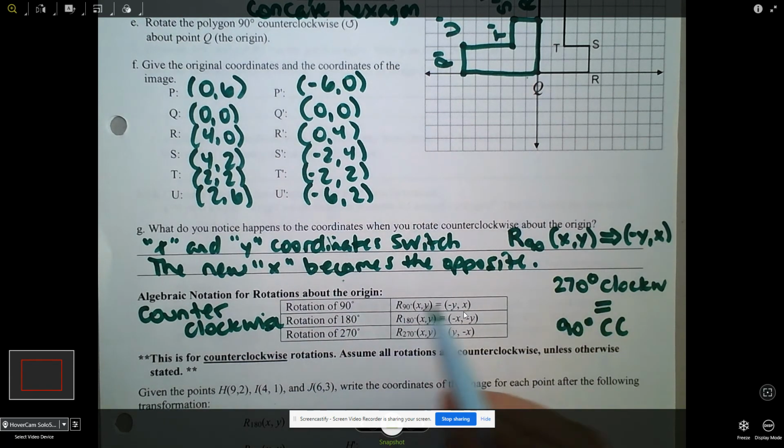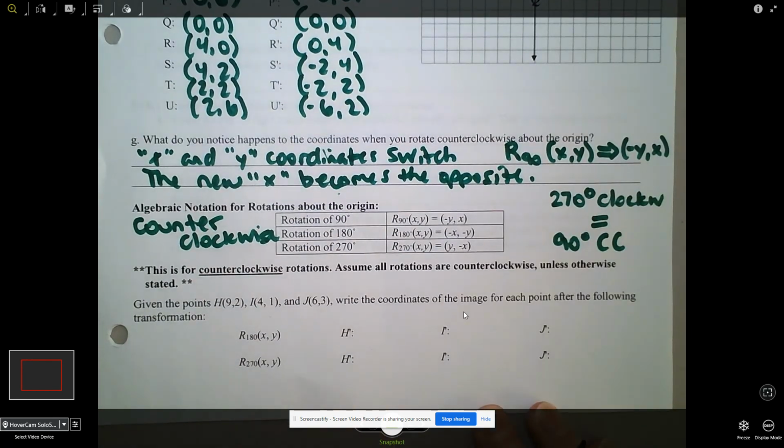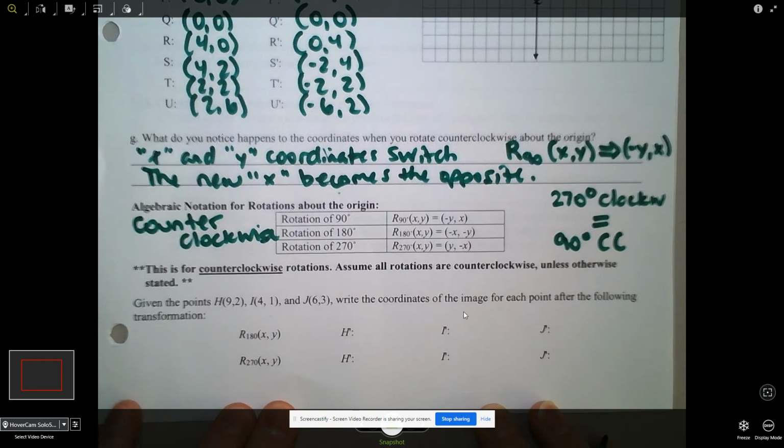And then you would look up the table and say, what do I do for a 90 degree counterclockwise? You are not going to look up the clockwise direction. So that's really important to remember. You're probably going to want to go back and watch this part or listen to this part again in the future when you're working on the homework.